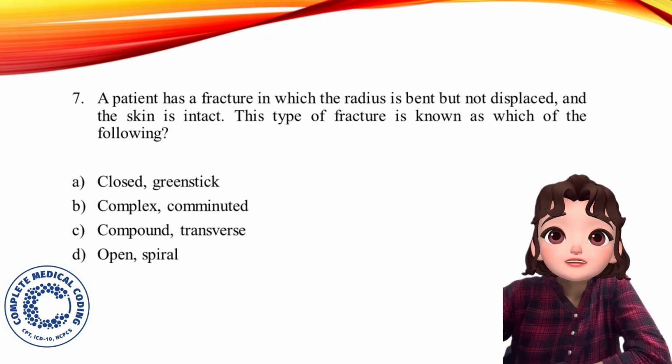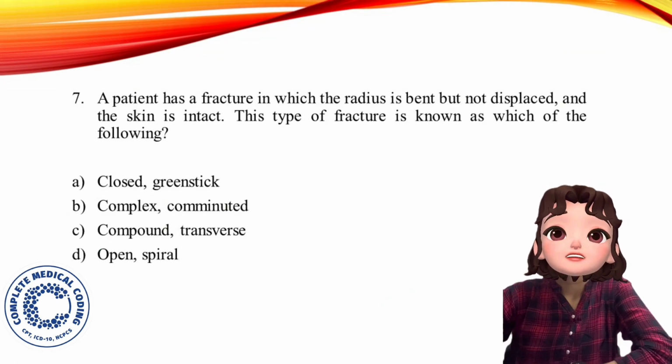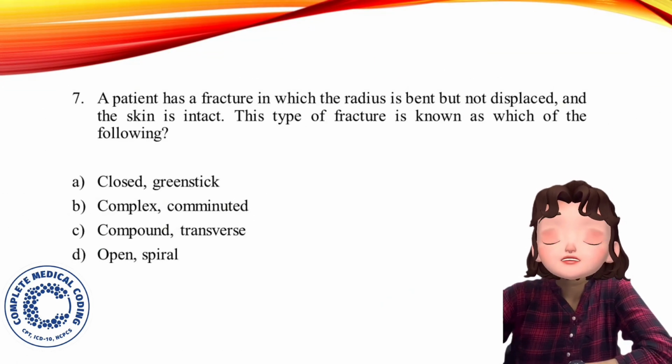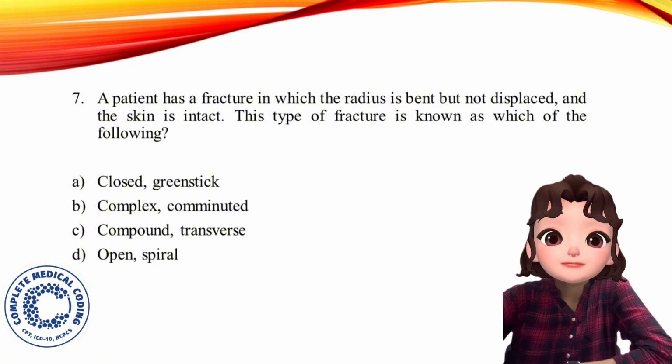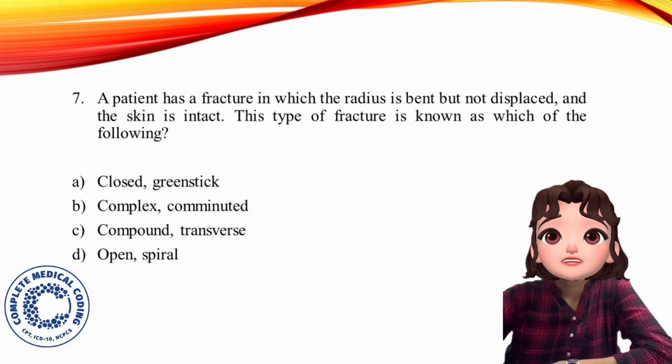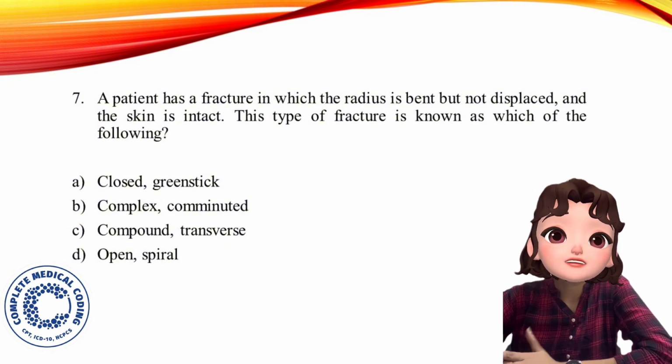Now moving to the seventh question. A patient has a fracture in which the radius is bent but not displaced and the skin is intact. This type of fracture is known as which of the following? So it means the radius is bent but it's not displaced.